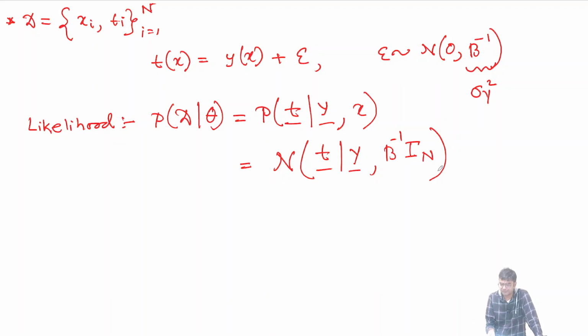This is the data likelihood, and the data I have is xi and ti. What is the dimension of the t vector? N cross 1. The y vector is an unknown, but it is n cross 1, and I n is an identity matrix of dimension n cross n. So this is our likelihood.